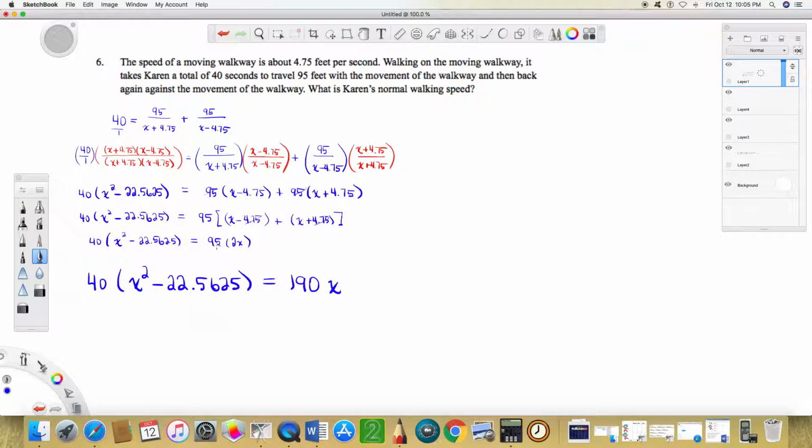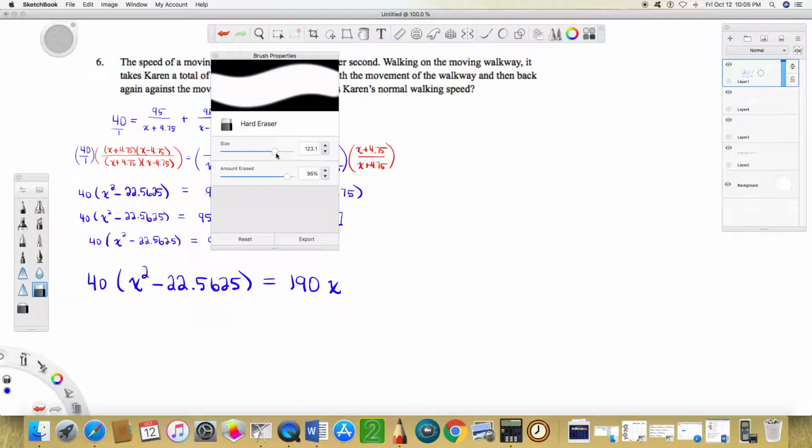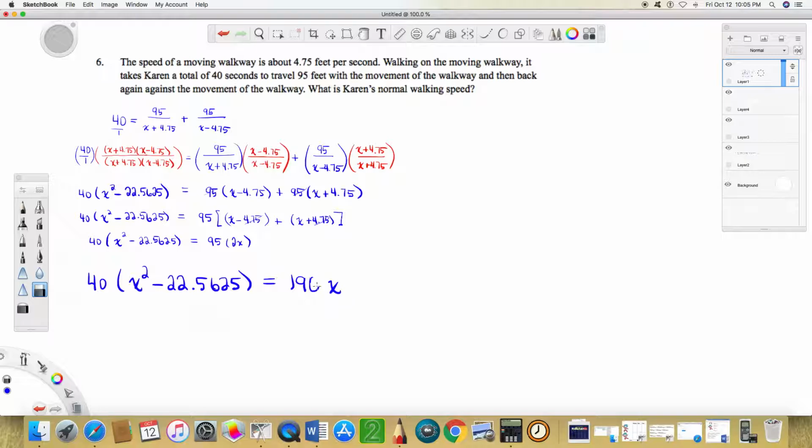Because 2 times 95 is 190, and if we divide by 10, that will just take out those zeros. So this will actually be 19x, and this will actually be 4 if I divide both sides by 10.